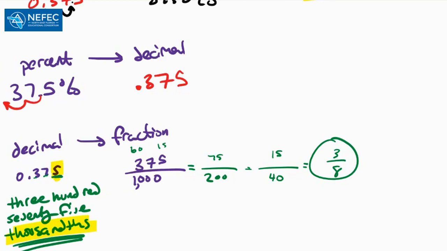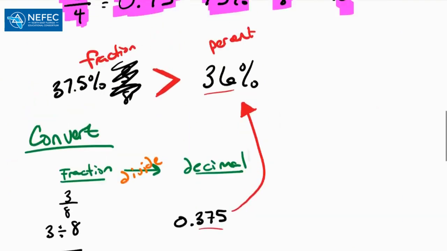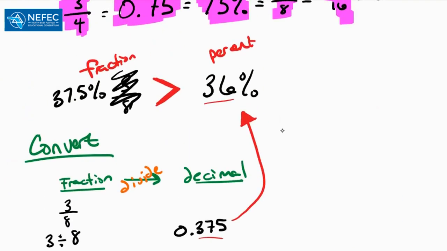Then it doesn't really matter which direction you convert. We could have converted 36% to a fraction, or we could have converted 3/8 to a percent. Either way would have put them in the same form and allowed me to make that comparison a little easier than when they were in different forms. So I would recommend that you pick the ones that are easier for you.